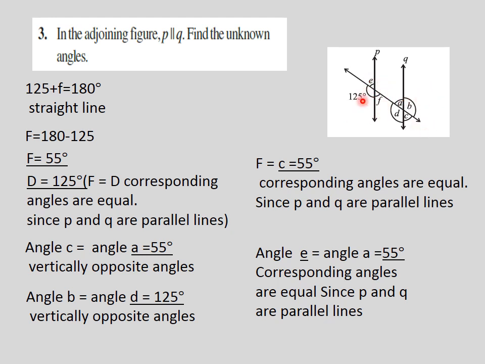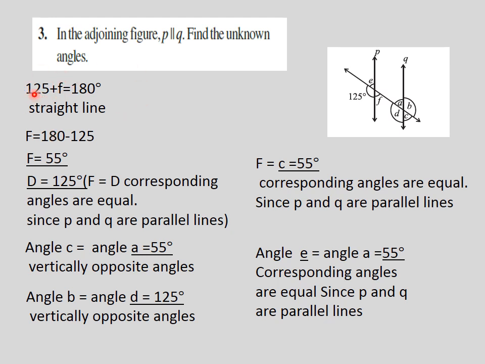Okay. So it is very evident that 125 plus f is equal to 180 degrees. So there is no property required here. 125 plus f is equal to 180 degrees because it is a straight line. Isn't it? This is a straight line. So f is equal to 180 minus 125.